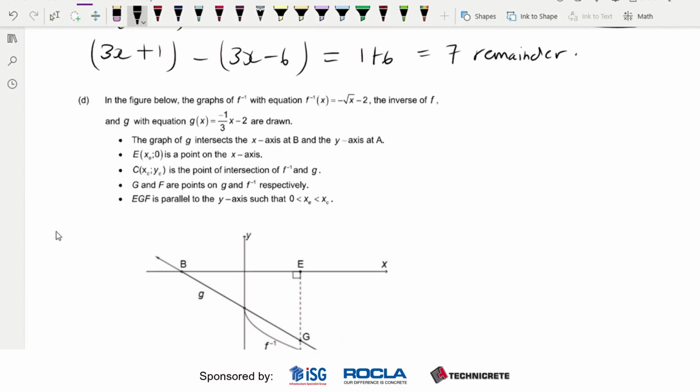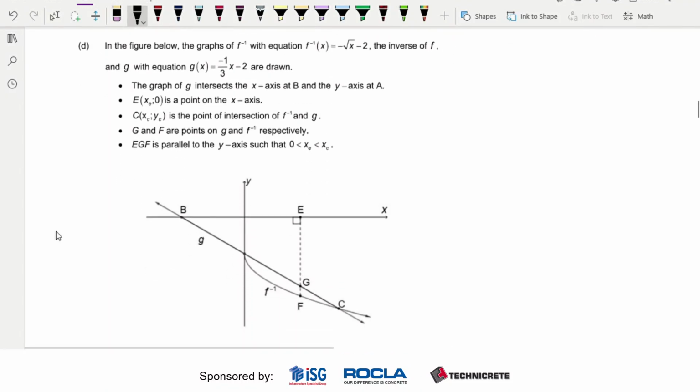And now for the last question, question 2, part D. In the figure below, the graphs of f negative 1, with the equation f negative 1 of x is equal to negative square root x minus 2, the inverse of f, and g, with the equation g of x is equal to negative 1 over 3x minus 2, are drawn below. The graph of g intersects the x-axis at B and the y-axis at A. E, the point xe, 0, is a point on the x-axis.